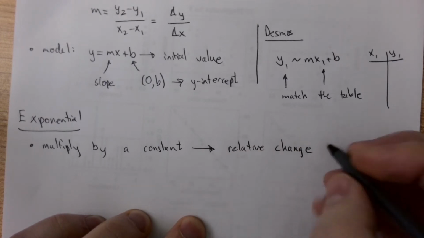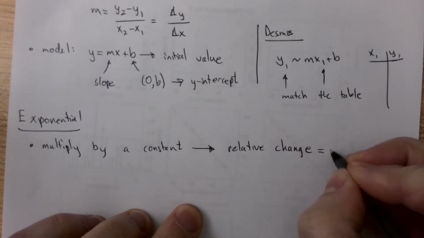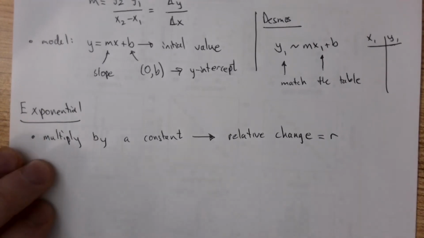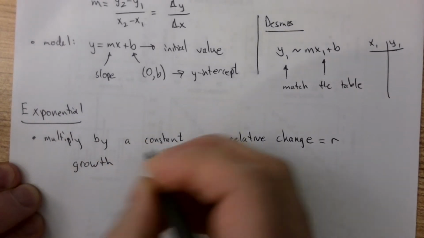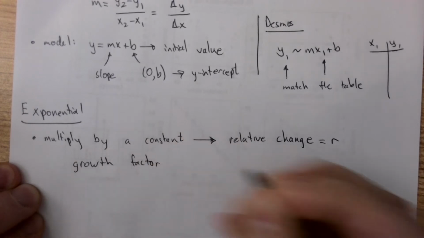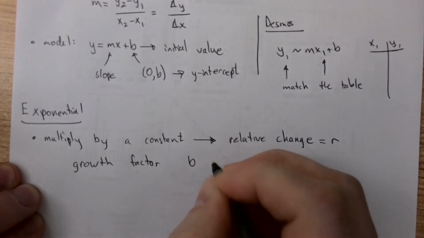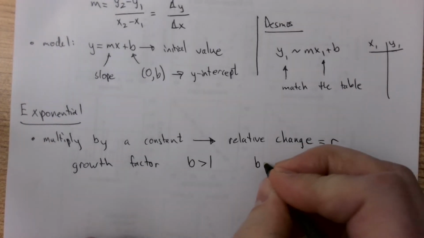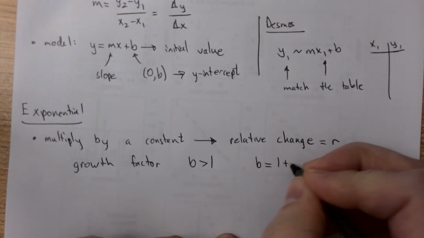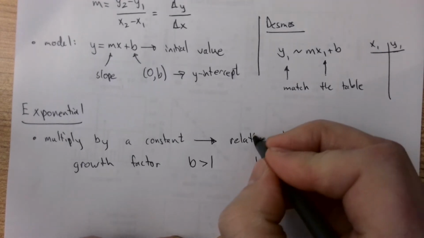And here's the connection. Where the relative change equaled the r, this constant that we multiplied by was either a growth factor, and it was growth if b was greater than 1. And we calculated b by doing 1 plus r. That's the connection with the relative change.